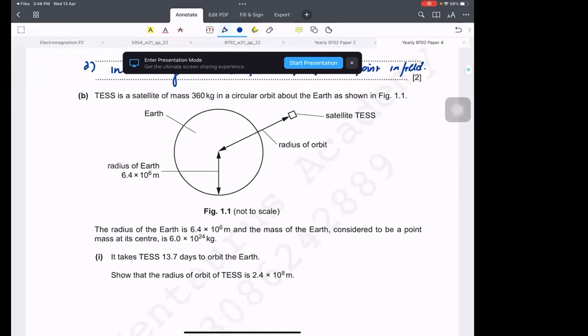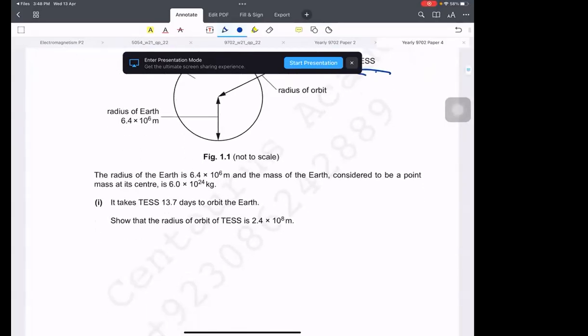Now it says the radius of Earth is this, the mass, considered as a point mass at its center. It takes 13.7 days to orbit. Show that the radius of the orbit is this. Now, this is pretty simple.